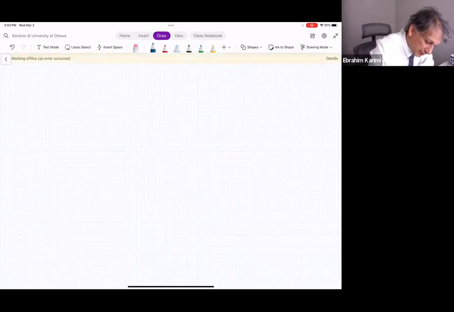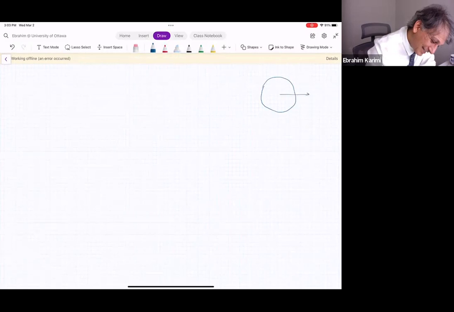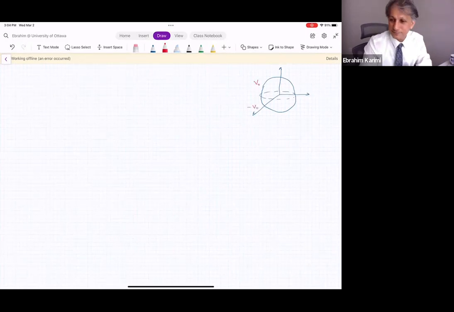This is the sphere. And I kept the upper half at a potential of V0 and the lower half at a potential of minus V0.